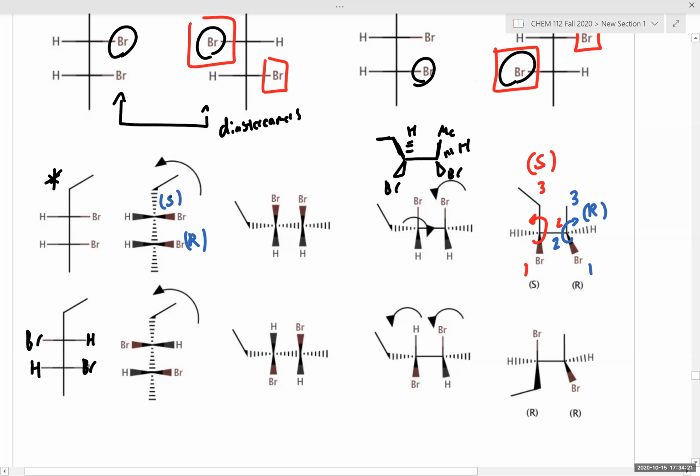So it's important that you go through and manually assign the stereochemistry for at least one of your stereoisomers for Fischer projections. Can I get some confirmation that everyone understands the process that we use to assign the stereochemistry for this first Fischer projection? Does that make sense to everyone?